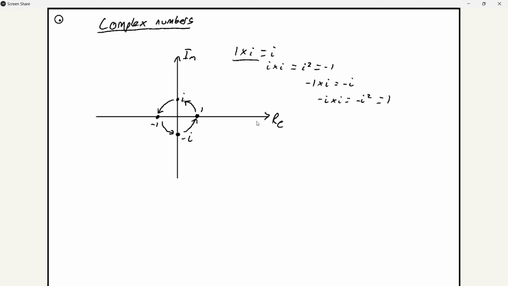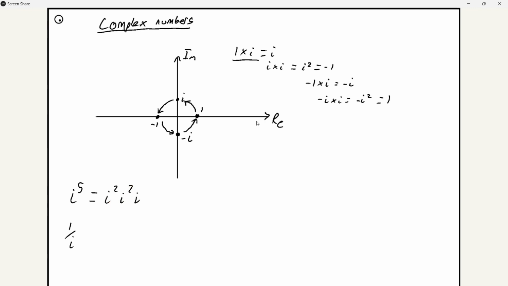Now, there's a few questions that we can solve, and it's just trying to find basically the answer to these two questions. Let's say i to the power of 5. So we can separate this into what we know already. We have i squared times i.